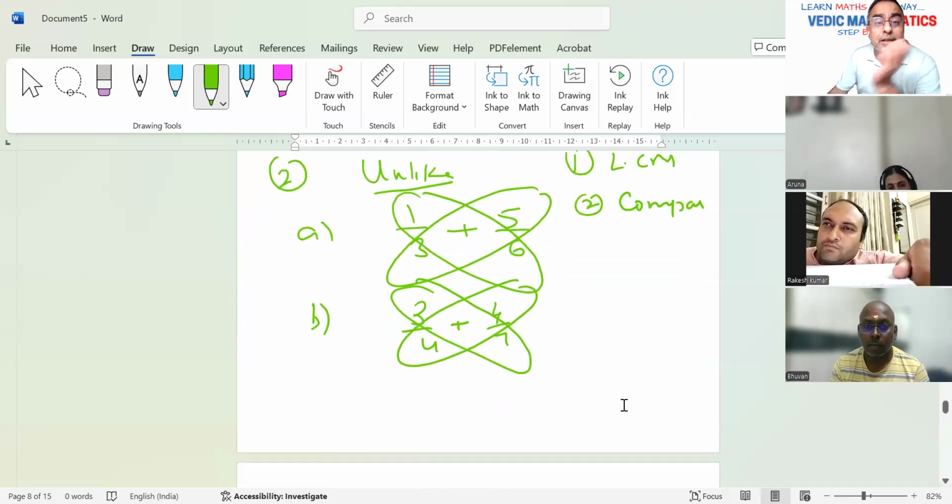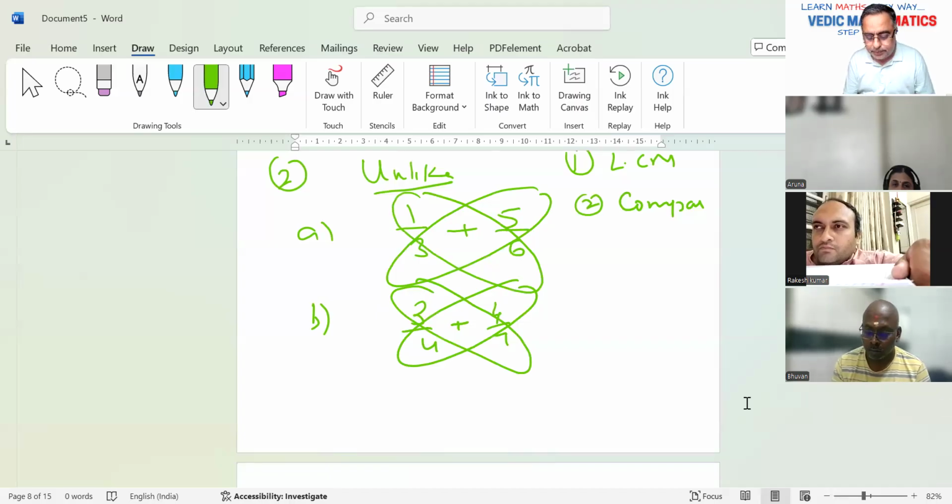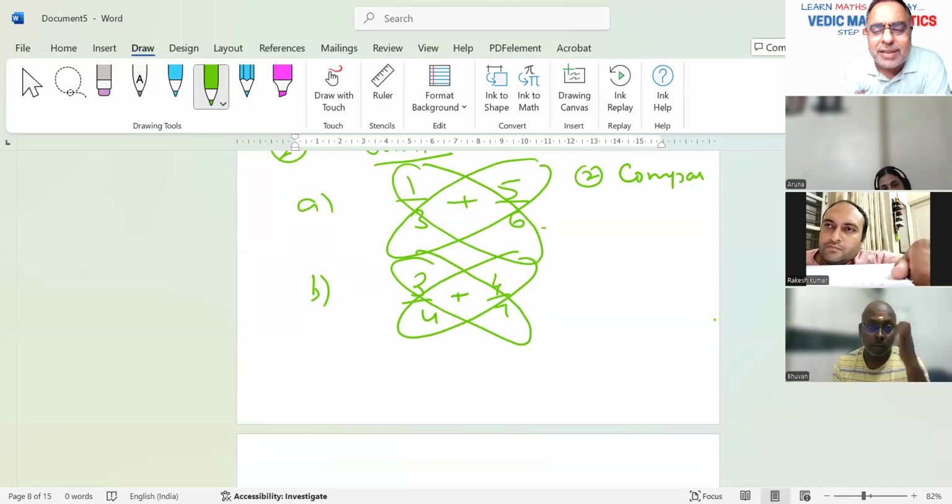Yes, in first case, 1 by 3 and 5 by 6. When you have something common, you may do one more step. One more way can be there. Whenever such is there, you can convert to like fraction.